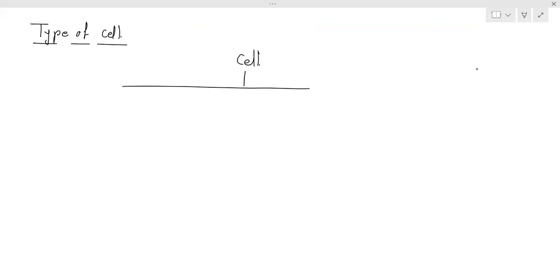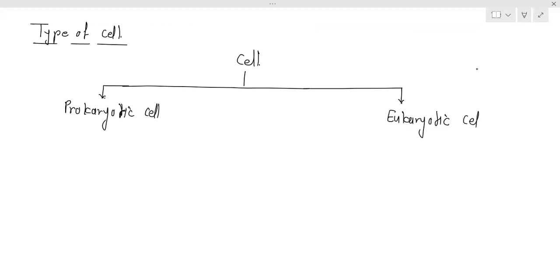One type of cell is called the prokaryotic cell, and another type of cell is called the eukaryotic cell.